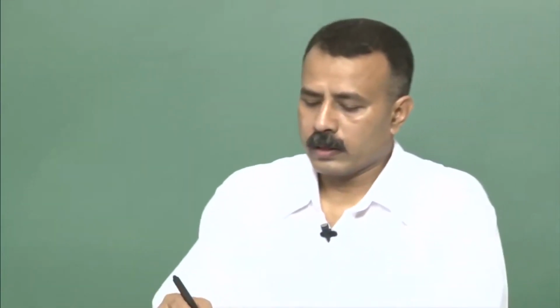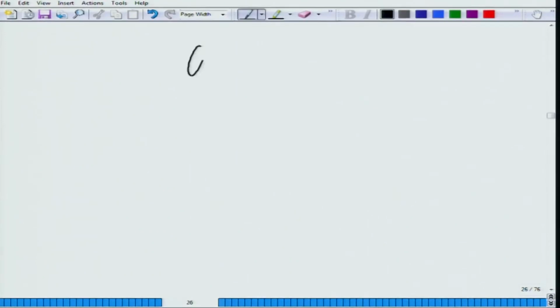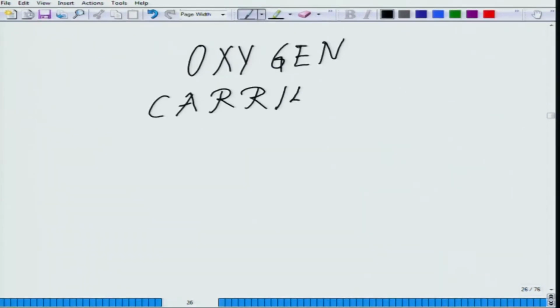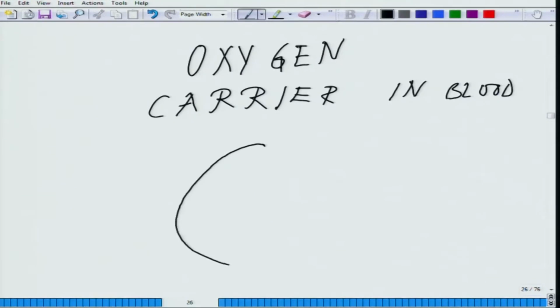Okay. So, let us start with the oxygen carrier in blood. Here you have the red blood cells, biconcave discs.